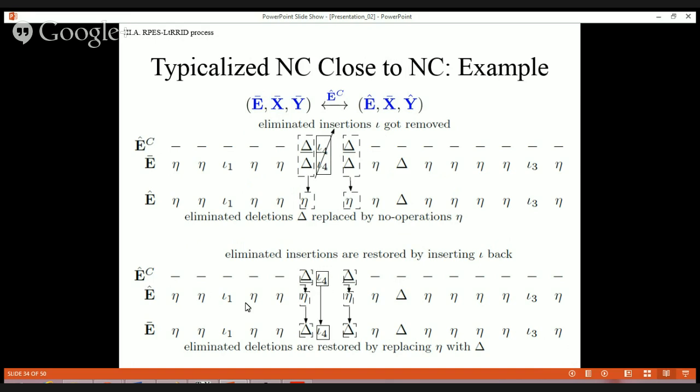Because eliminating an insertion means we removed it, now we insert this alpha back to obtain E. Similarly, when we see this delta underline, we restore it by changing the alpha back to delta to get E. And once we have E, we have X. Y can be obtained from processing E on X. So this shows how the two directions can go with the help of E complement.